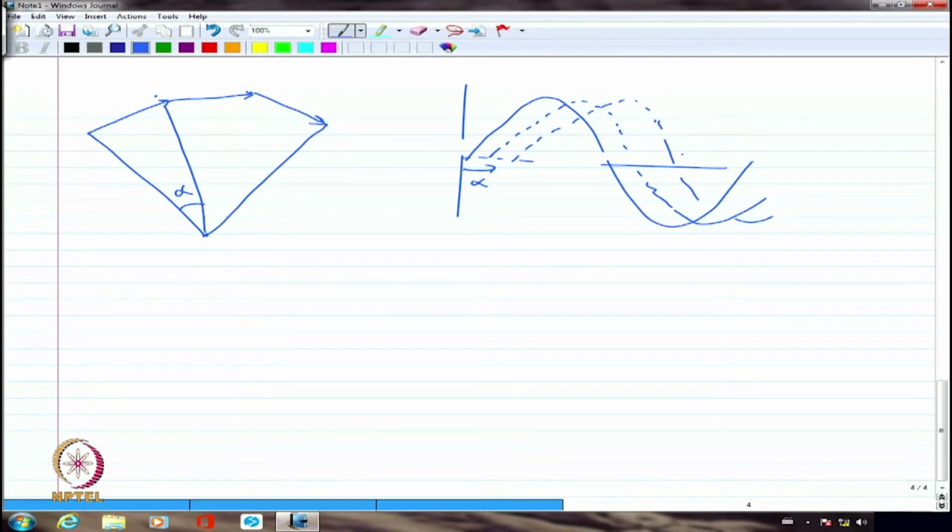All the EMFs will have the same peak value or magnitude, but they are time delayed because the north pole faces each of those windings after a little bit of time delay, because it has to traverse an angle alpha before it faces the next set of slots.